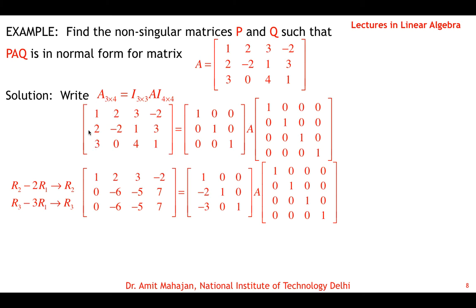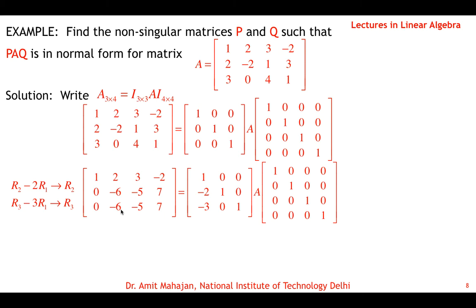Okay, so 3 minus 3 is 0, 0 minus 3 times 6, so minus 6, 4 minus 9 is minus 5, and 1 plus 6 is 7. Okay, the same row operations here, so second row minus 2 times first. Okay, so 0 minus 2, so this becomes minus 2, rest becomes 1 0, and third row minus 3 times first row, so this element becomes minus 3 0 1.